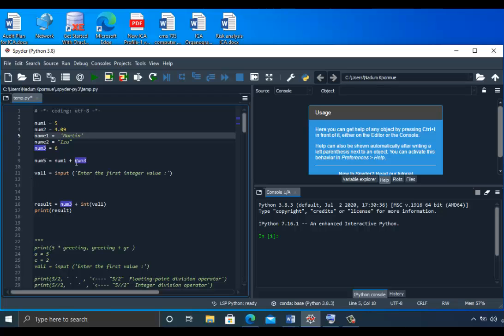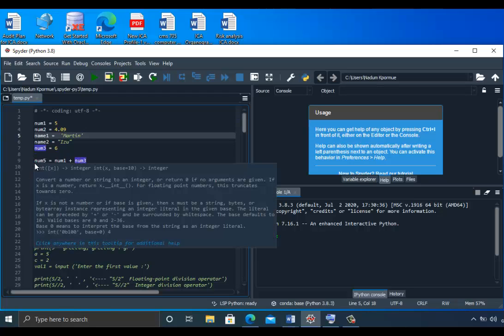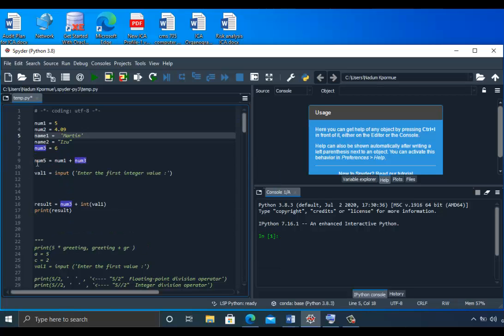Now this is a valid statement in Python, and this is an expression. Okay, the expression has two operands. This is the first operand, this is the second operand, and we have an arithmetic operator in between these operands.